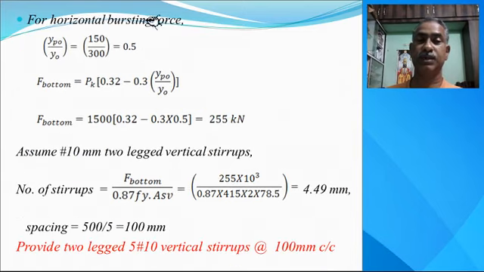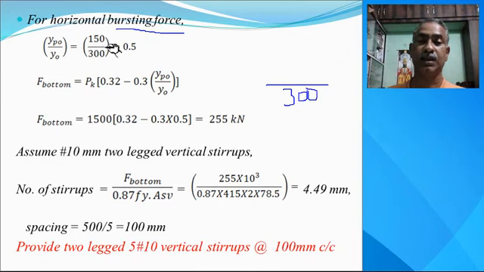Similarly, now we can find the horizontal bursting force. 2YPO divided by 2YO: again the plate is square, so this distance is the same, 150, but YO for horizontal is this distance, 300 mm.